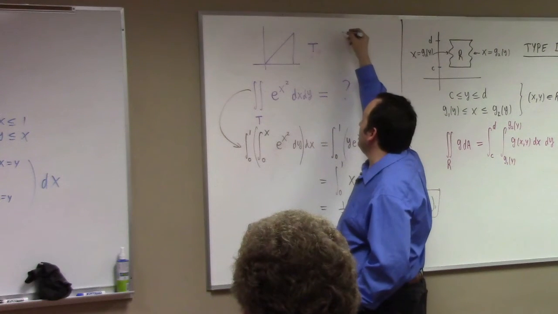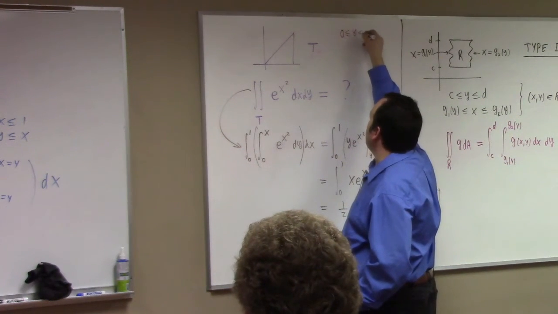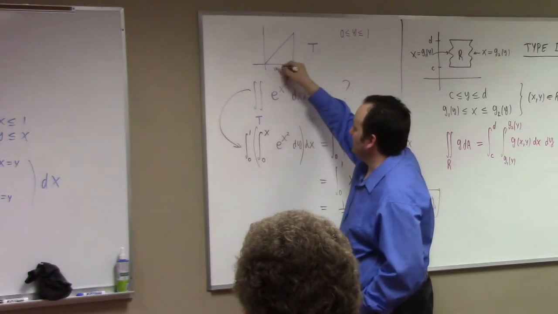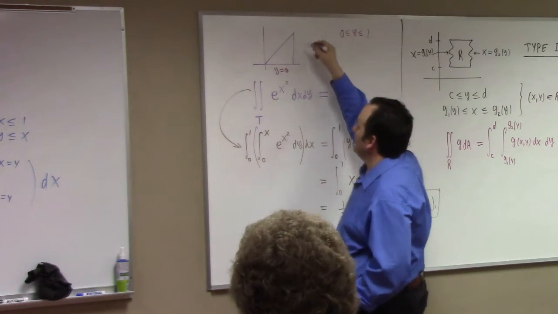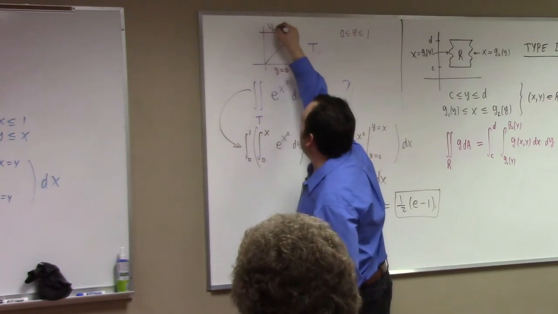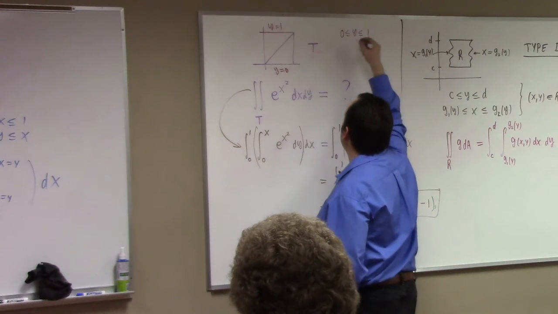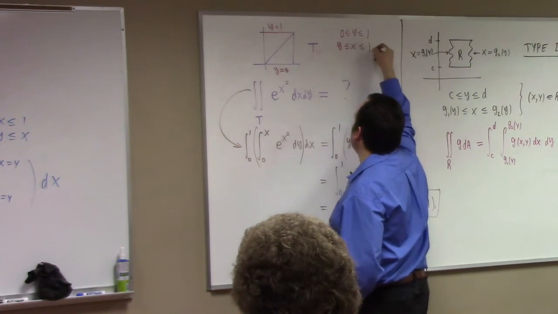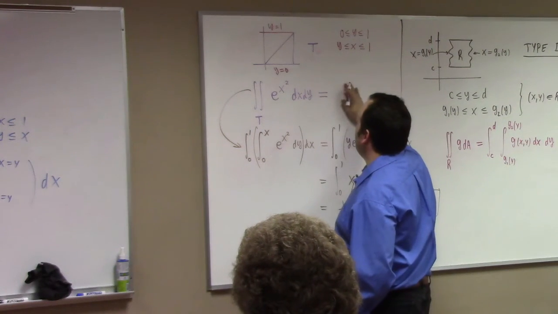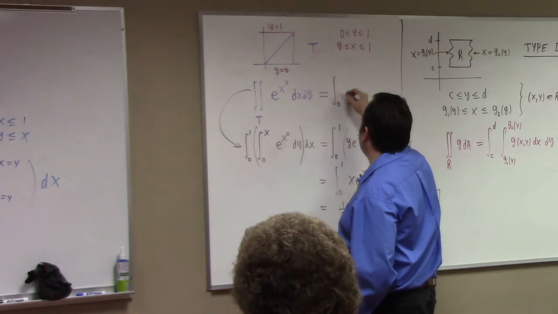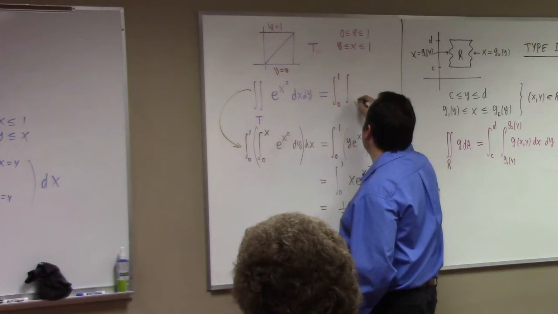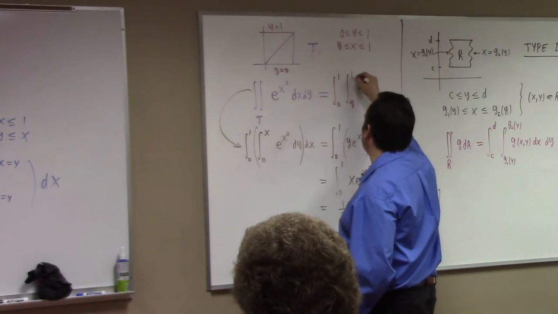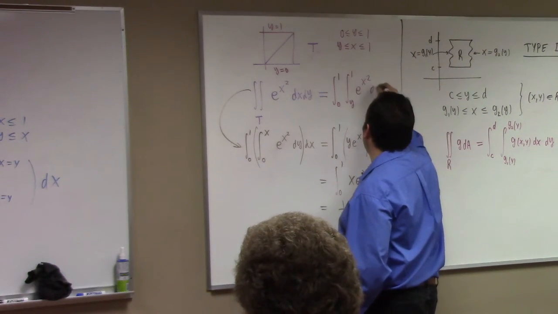We have to think about it. 0 less than or equal to y less than or equal to 1, because y equals 0 is down here and y equals 1 is up here. And for x, we have y less than or equal to x less than or equal to 1. So the type 2 integration would have been integration from 0 to 1, integration from y up to 1 of e to the x squared dx dy.